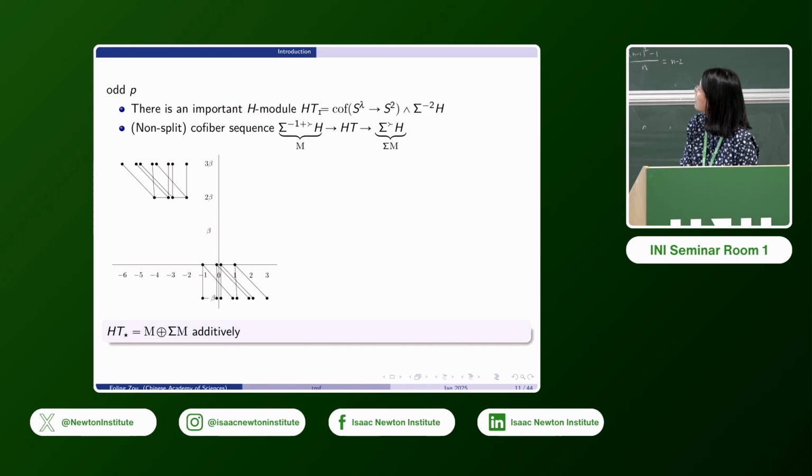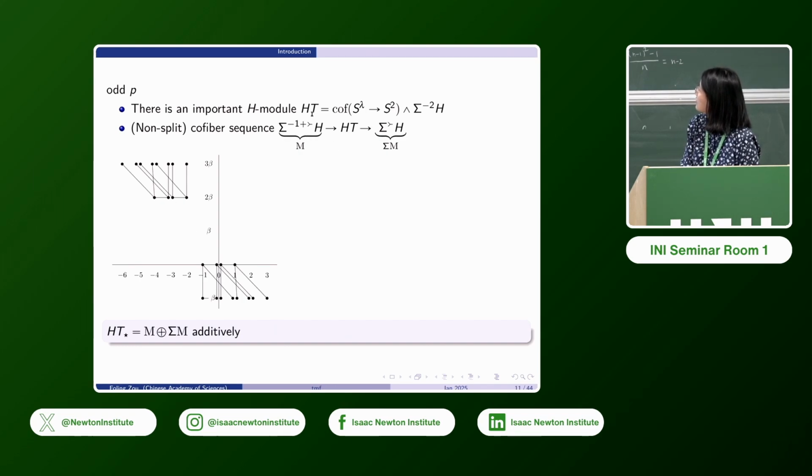And we also have a non-split cofiber sequence writing this HT using the spoke suspension of H. I'm going to denote the homotopy of this as M, and so the homotopy of this is a suspension of it. You see this from the picture.